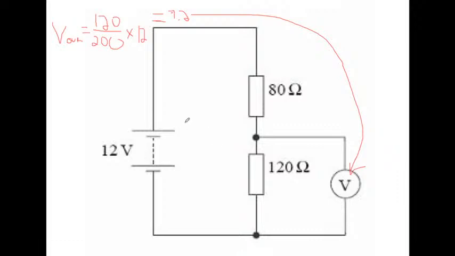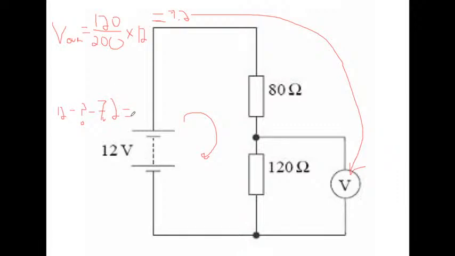And again, we could use Kirchhoff's second law, right? We have positive 12 minus our unknown, minus 7.2. So that all needs to equal 0. 12 minus question mark minus 7.2 has to equal 0.